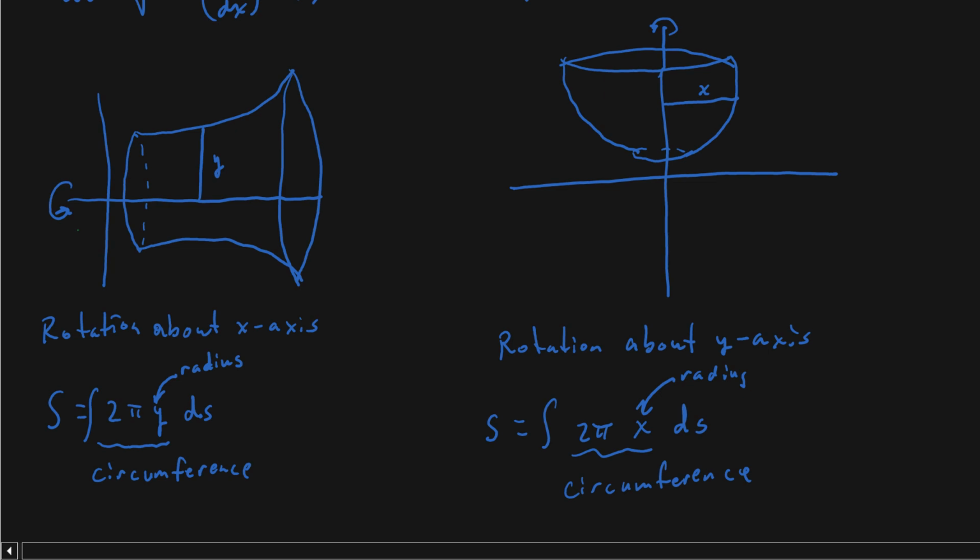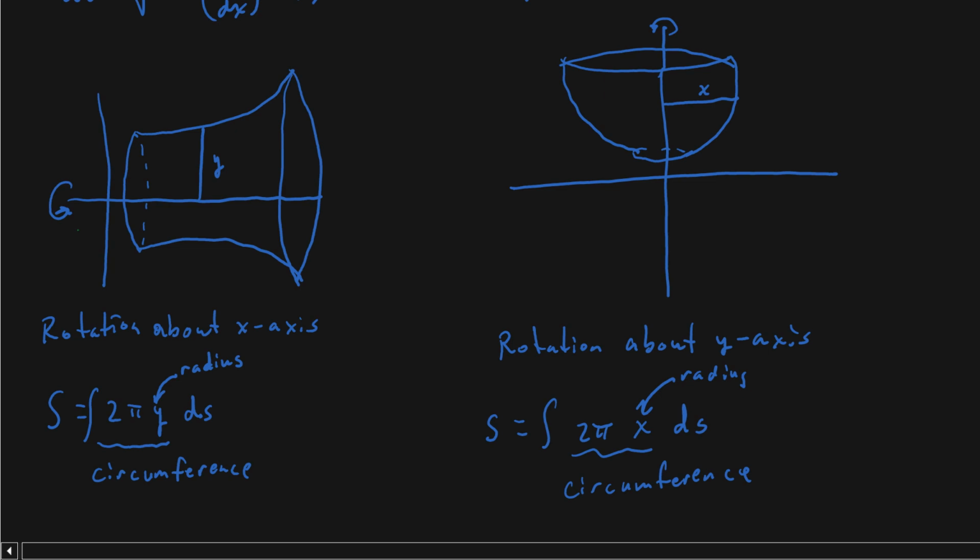Because remember, pi times the diameter is the circumference. So we've got pi times the radius times 2. We're taking the radius, multiplying it by 2, multiplying by pi, and that gives us the circumference. And then the same thing if we're rotating about the y-axis: 2 pi x ds, where x is your radius. You can see here x is the radius, and the 2 pi x is your circumference.